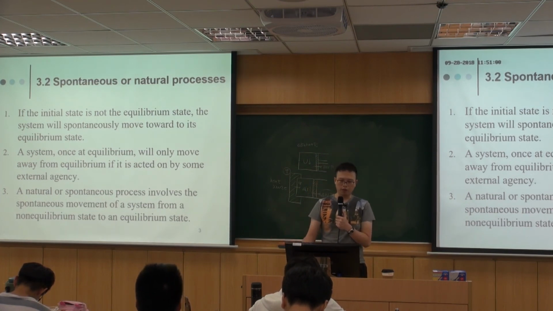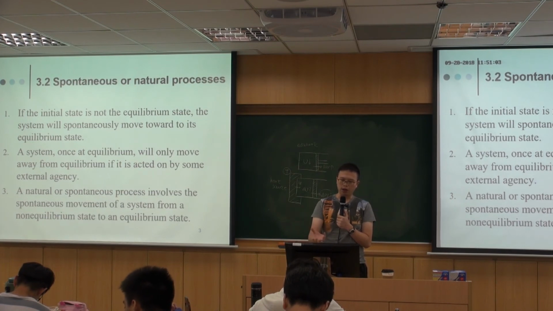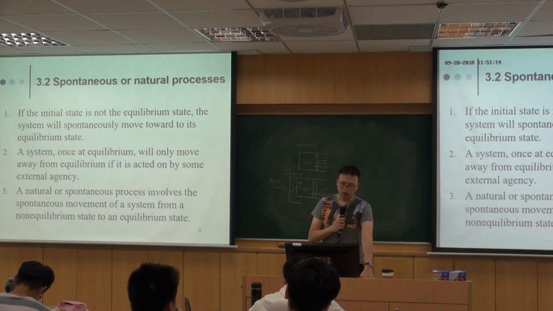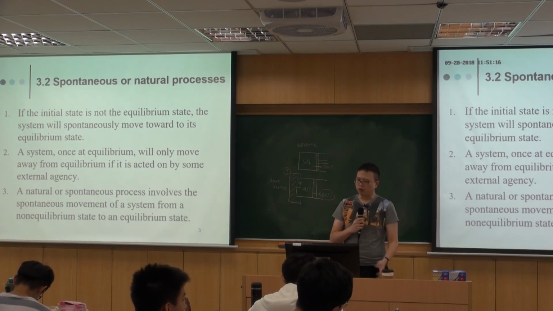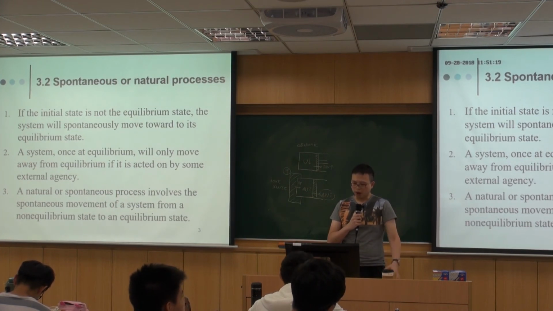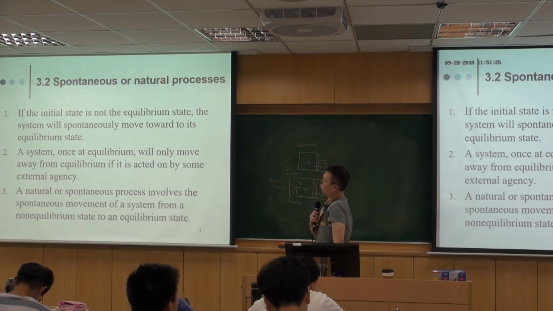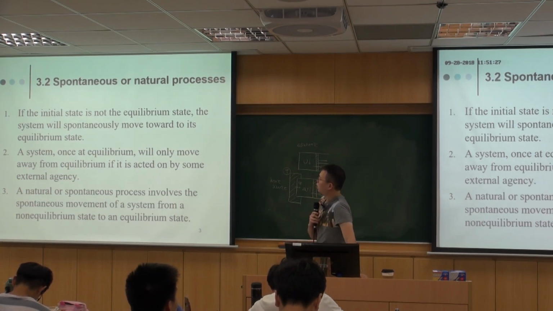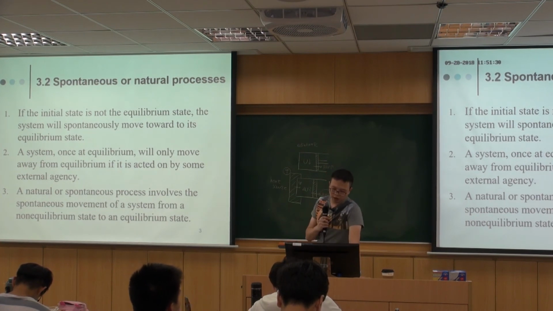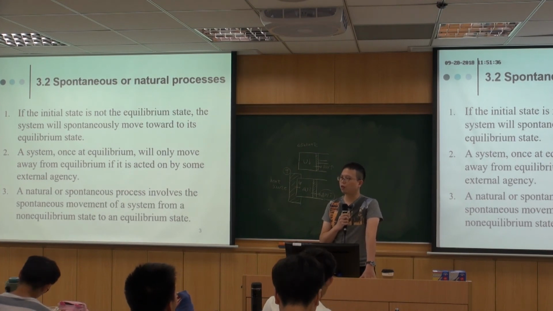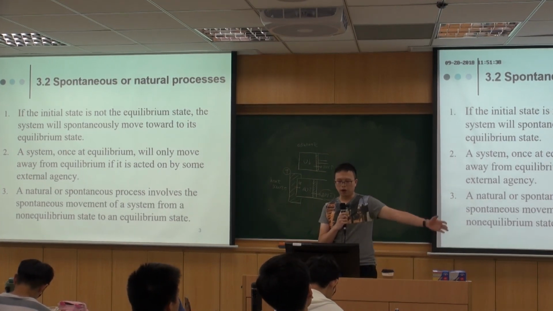For instance, if you have something in a very unstable position, eventually someone will hit it, there's some perturbation, and then the object will move to a more stable position. So what will happen will happen. It's something like Murphy's law: something bad will always happen. A system, once at equilibrium, will only move away from equilibrium if it is acted on by some external agency. It means that if you want to break the equilibrium, you always need to put in some external force. If you want to get good grades, you have to work hard.